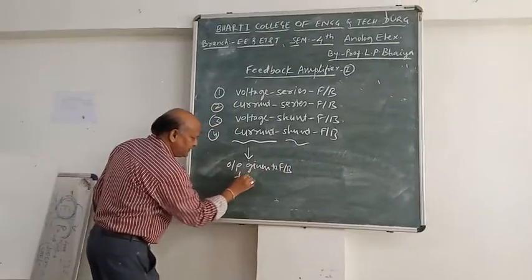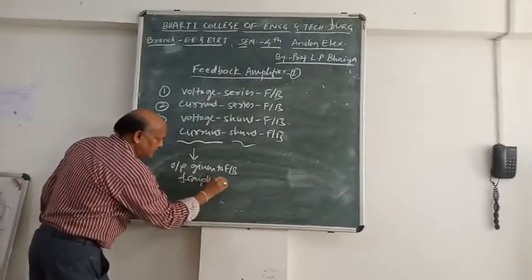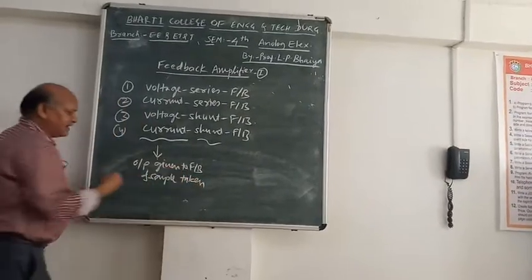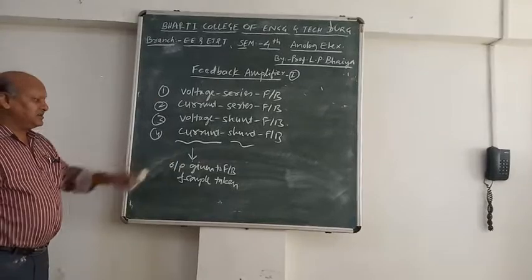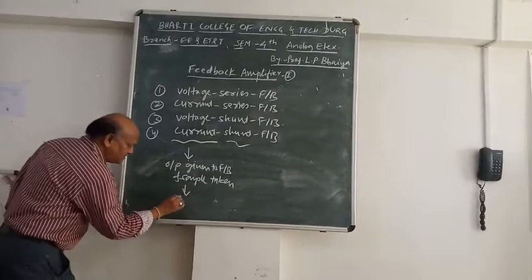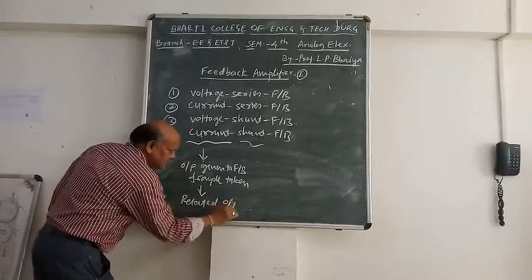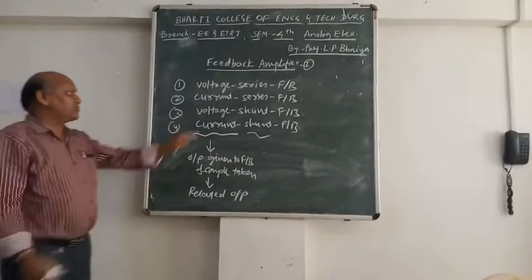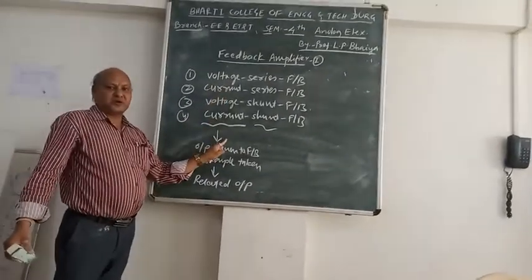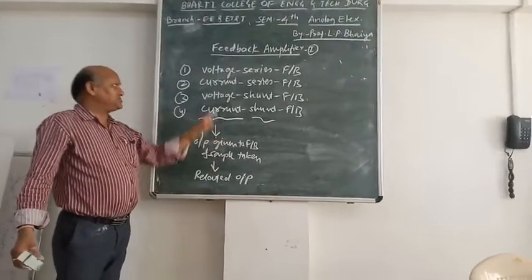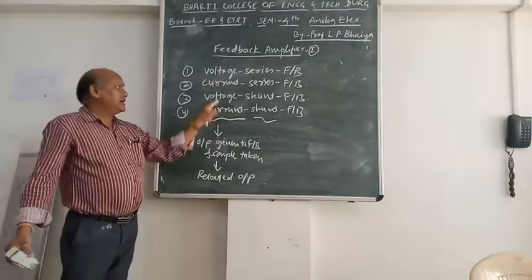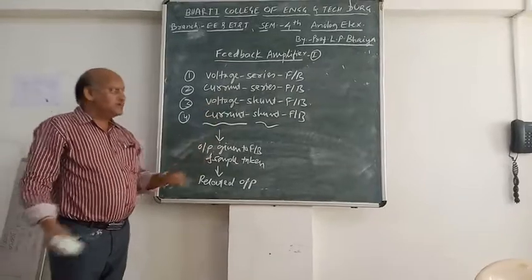This part is related with the output, whether output is voltage or current. If output is voltage, voltage will be sampled. If output is current, the current will be sampled.